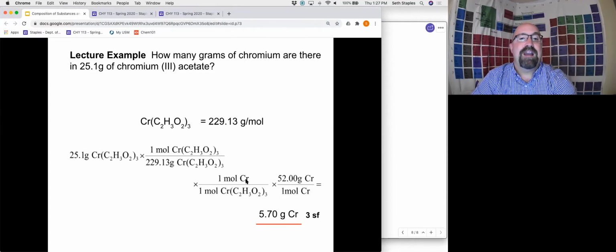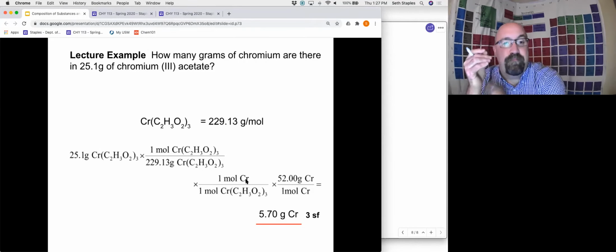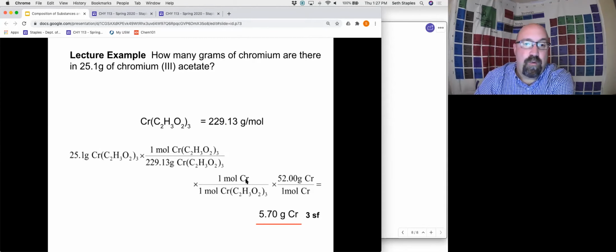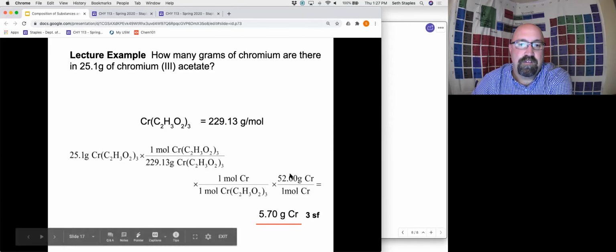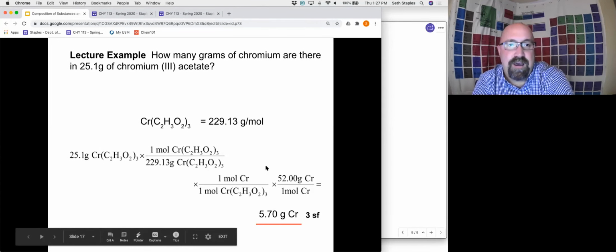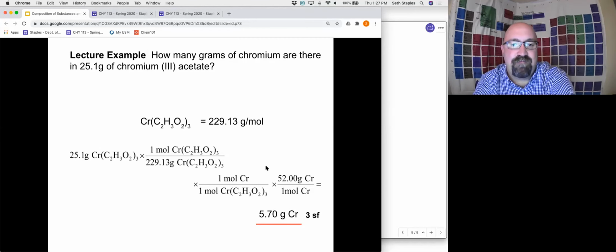So we need to do that conversion. We need to go from chromium acetate to just chromium. And then our final step, the question is asking us for grams of chromium. So now we're going to go from moles of chromium to grams of chromium by using our molar mass of chromium. So we find that in that much chromium acetate, we have 5.70 grams of chromium.